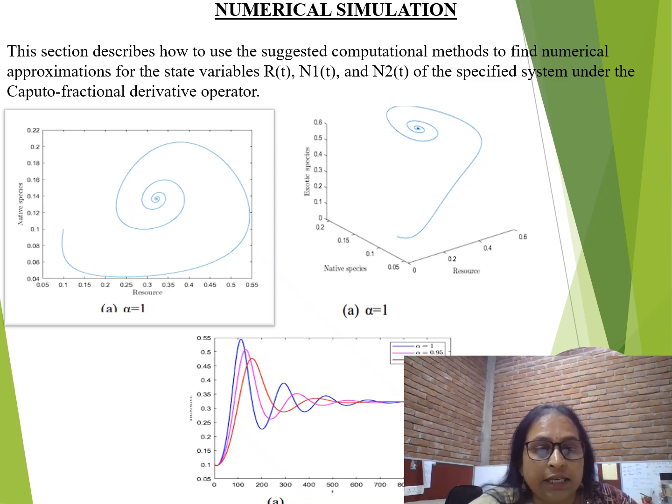Next, the second graph represents the relation between three variables: resource, native and exotic species, with alpha equal to 1.